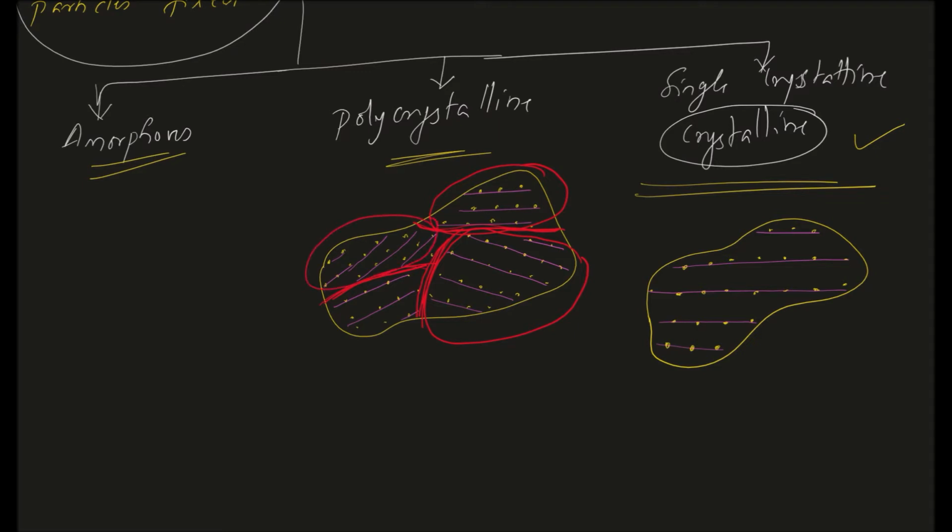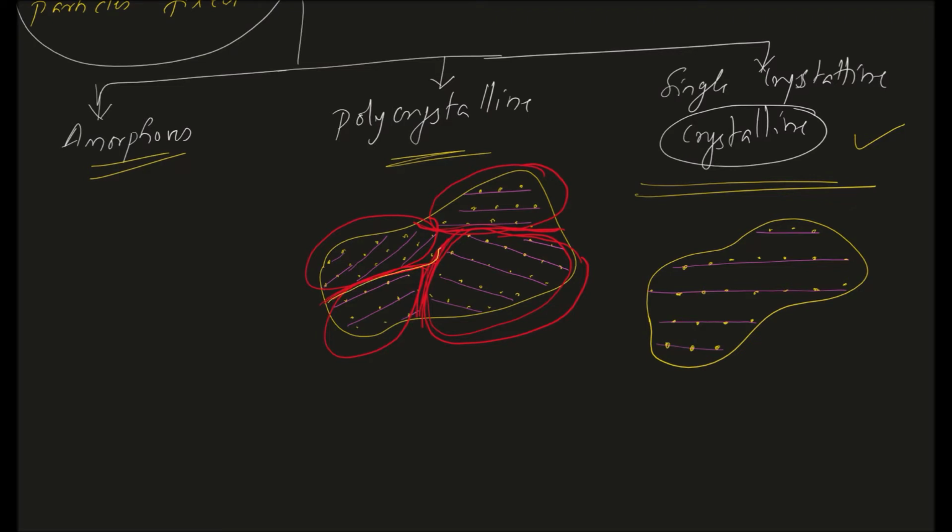So within each grain there is a perfect ordered arrangement, but a material as such is made up of many such grains. So we call this small region where we can find a perfect ordered arrangement the grains. One of the important things is that we have grain boundaries in the case of polycrystalline materials.